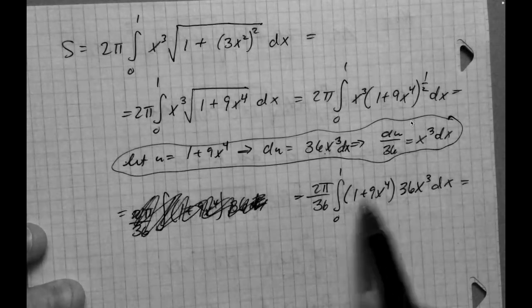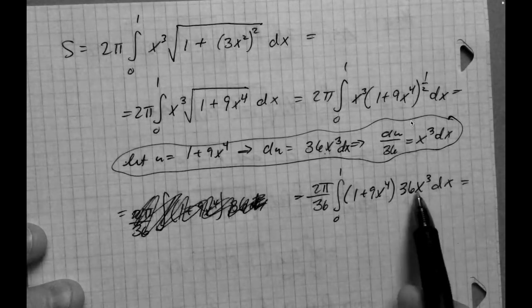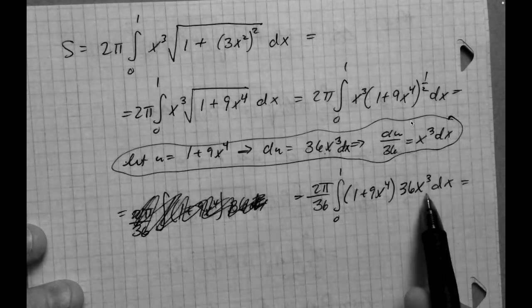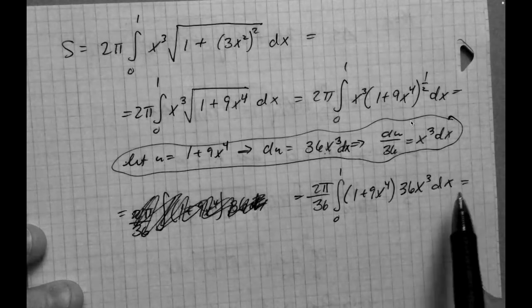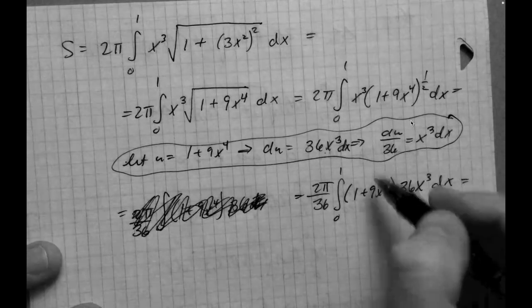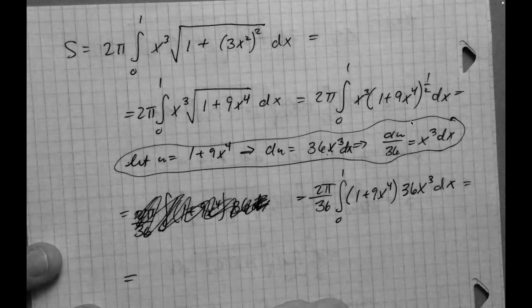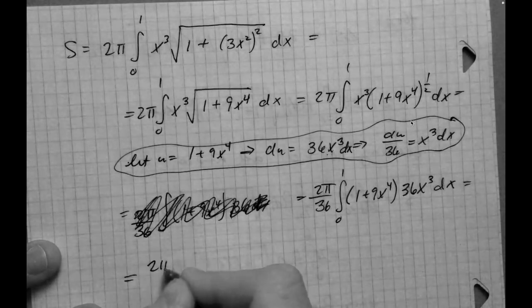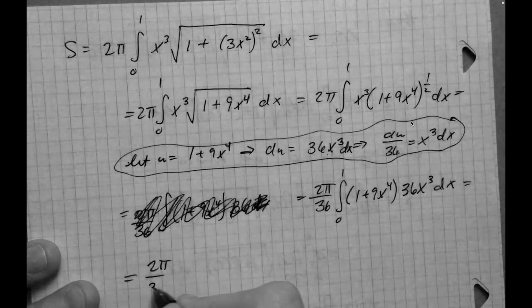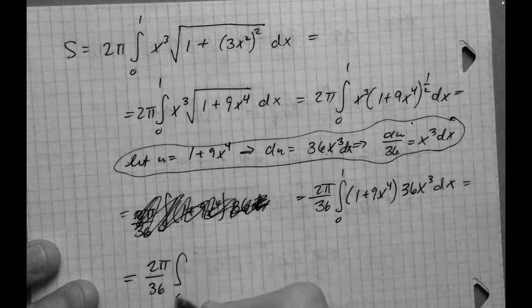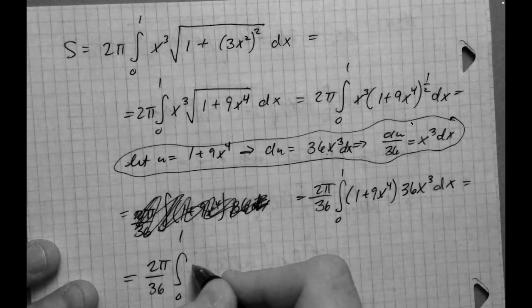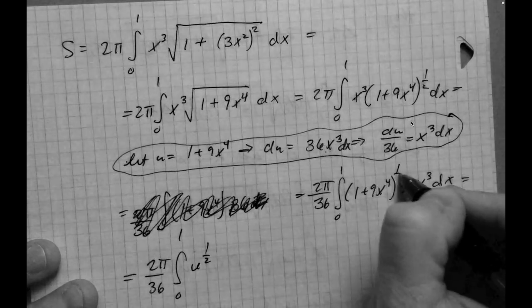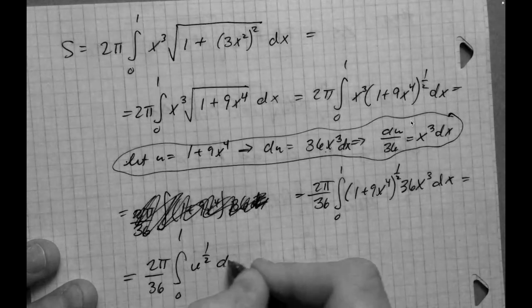And so then this is our u, and this is our du. Yeah, perfect. So I get 2 pi over 36 times the integral from 0 to 1 of u to the 1/2 du.